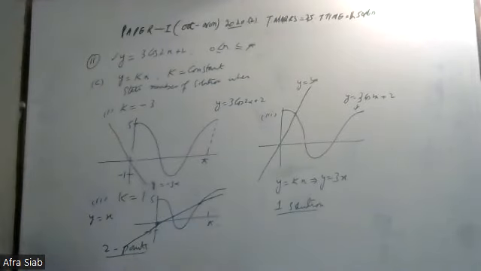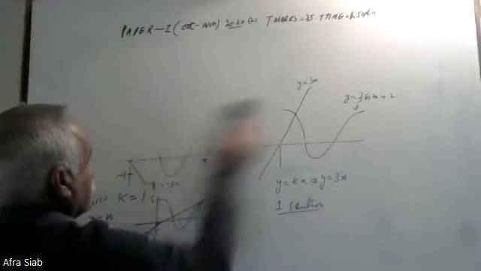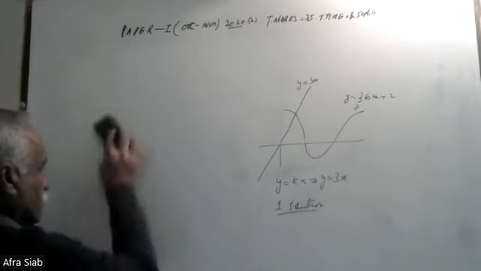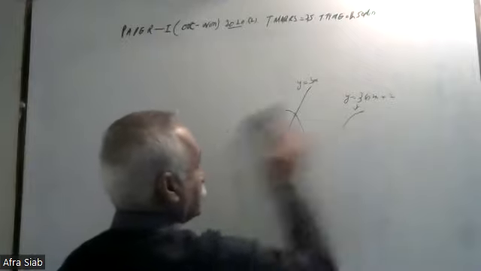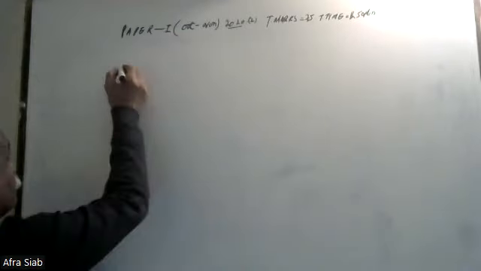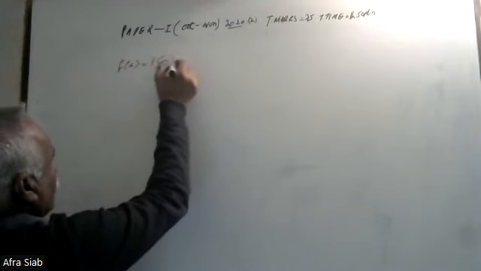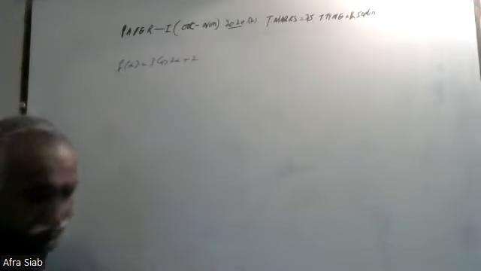Now, next part, the functions f, g, h are denoted by x belongs to the real numbers, where f of x is equal to 3 cos of 2x plus 2.